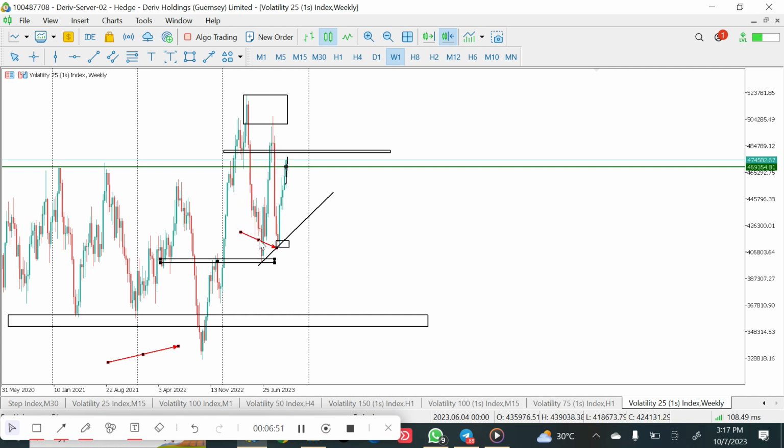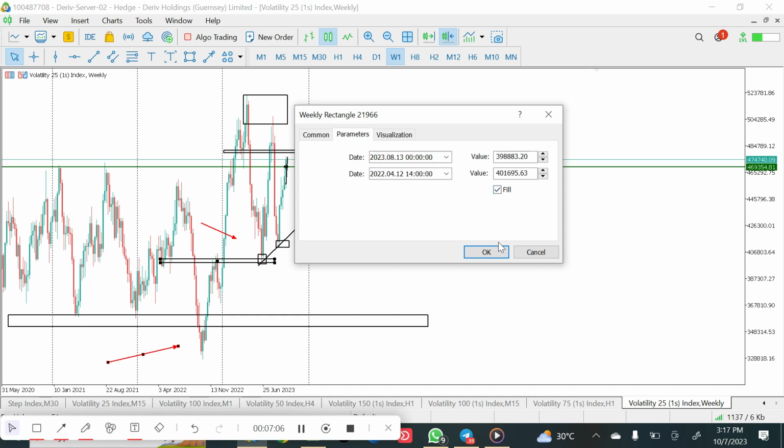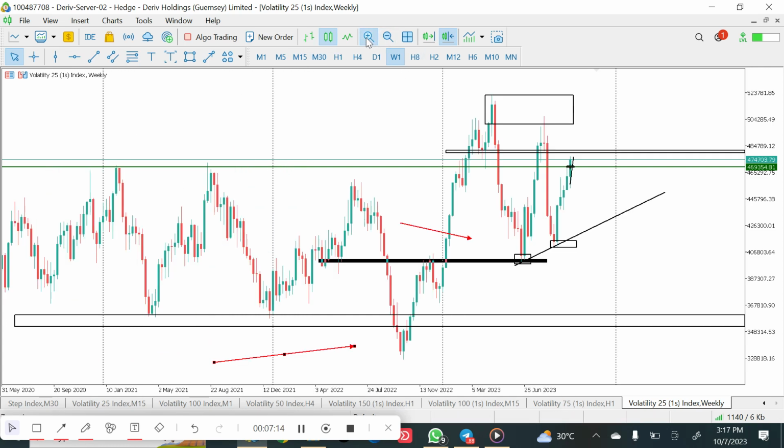And then we could see that market came back again and then respected a trend line and is pushing to the upside. So this asset is bullish, okay. This asset has been bullish on the weekly time frame. So currently, let me zoom.